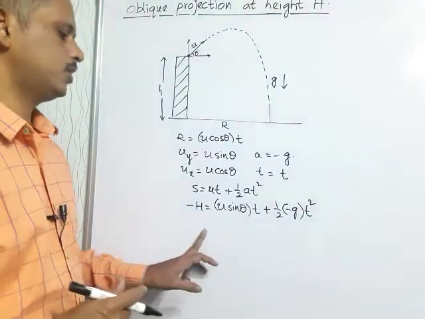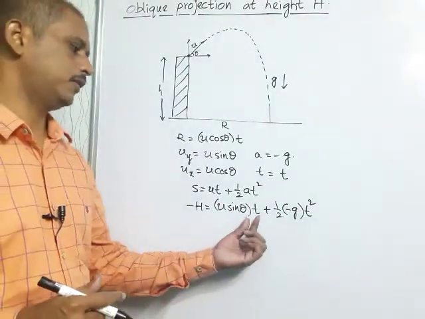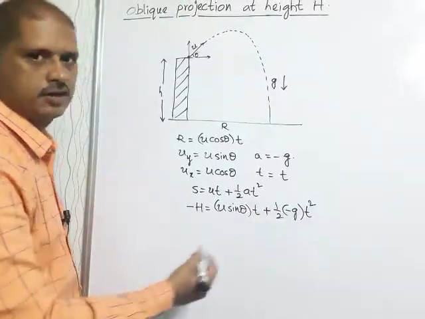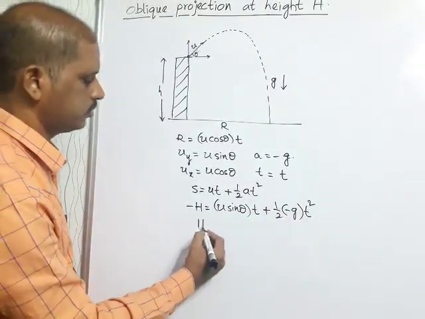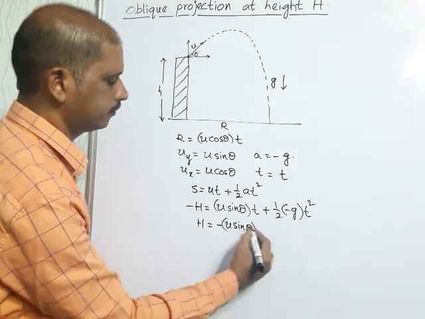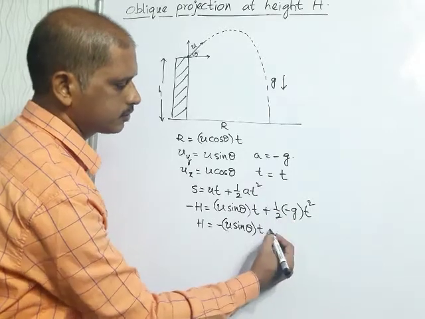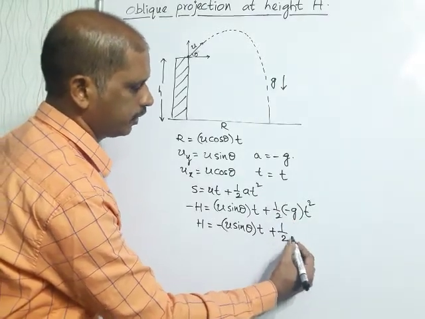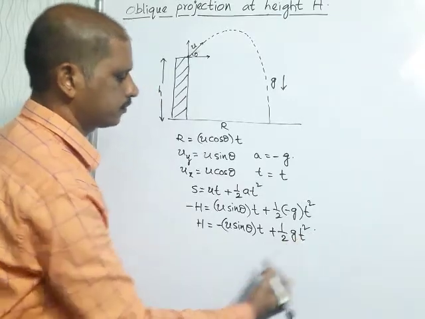So minus h is equal to u sin theta into t minus half gt square. If you multiply with minus, then h is equal to minus u sin theta into t plus 1 by 2 gt square.